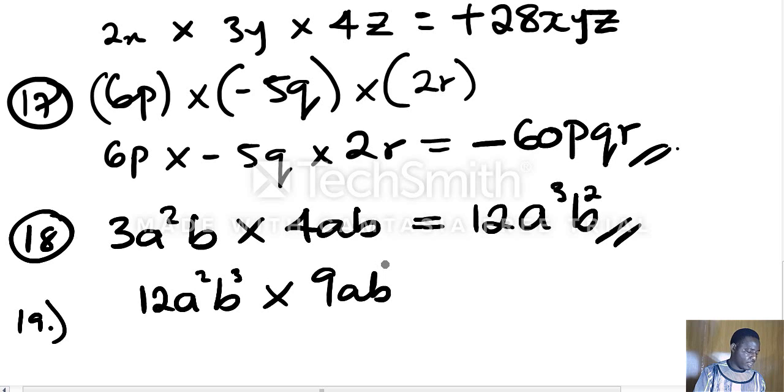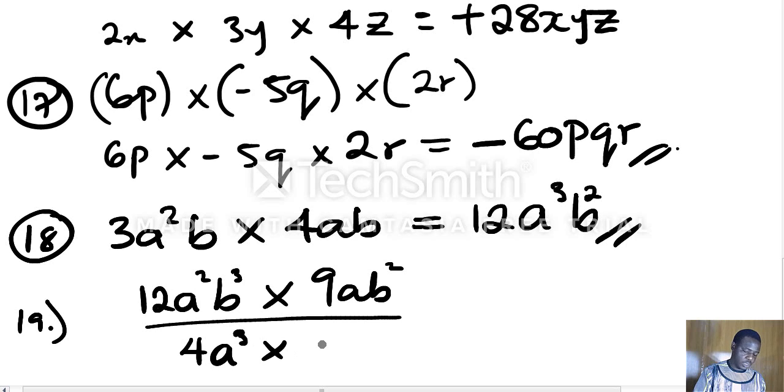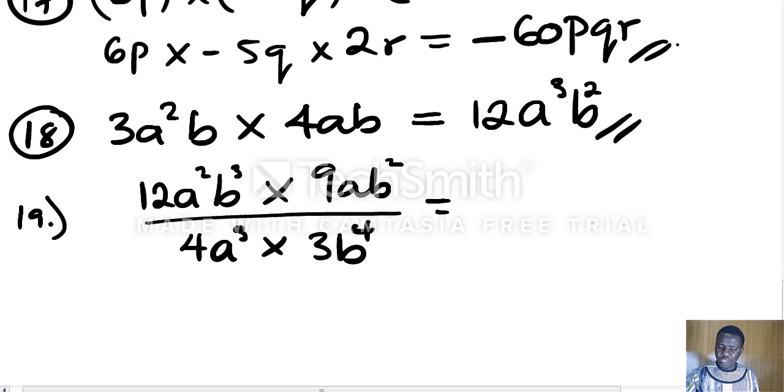12a squared b cubed to be multiplied by 9ab squared, divided by 4a cubed times 3b raised to power 4. I'll first solve what we have at the numerator before the denominator, or I can go straight ahead to reduce them before I simplify.